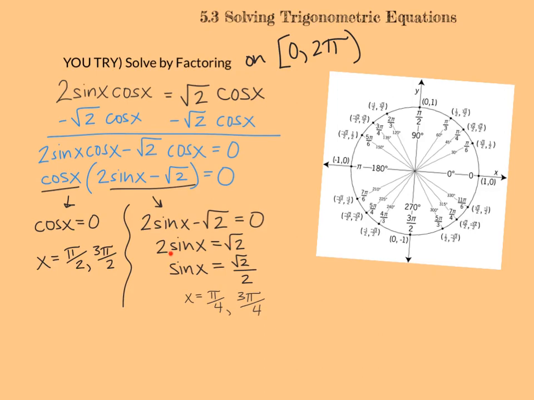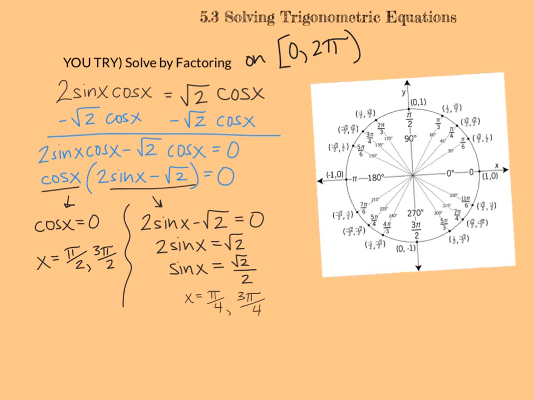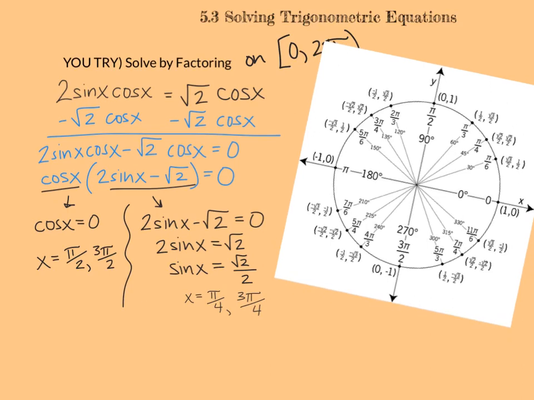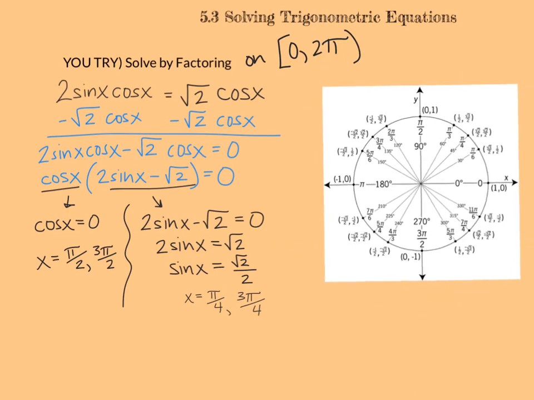Add root 2, divide by 2. Basically, where is the sine positive root 2 over 2? Sine is positive in the first two quadrants, since sine is our y value. So the sine is positive root 2 over 2 here at pi over 4, and here at 3 pi over 4. And so for our final answers, I'm going to write them in order around the unit circle.